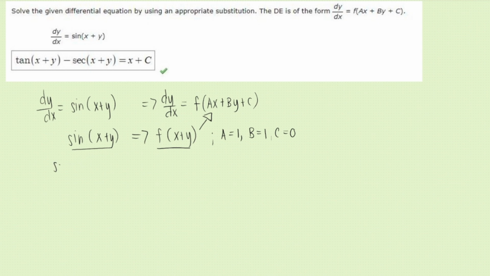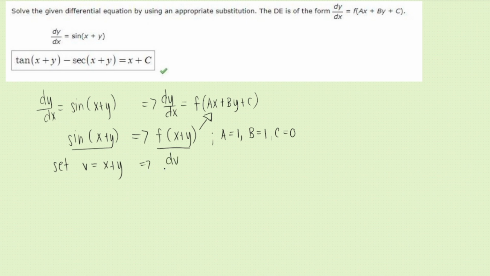So we can now decide on a suitable substitution: we can set any variable v equal to x plus y. So we'll change this as v. The next step is to take the derivative of v in terms of x.